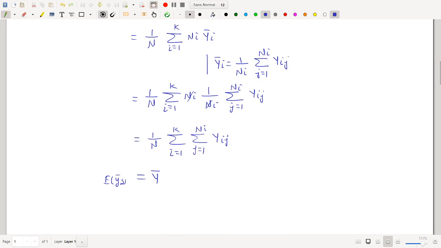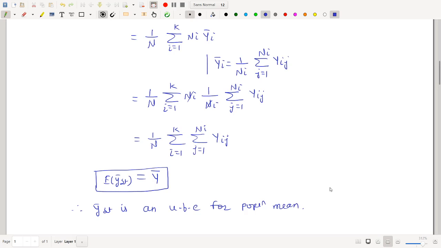So expected value of y bar st is capital Y bar. What is the meaning of this? Therefore this means y bar st is an unbiased estimator for capital Y bar, or we can say population mean.